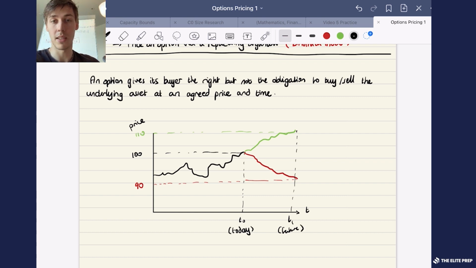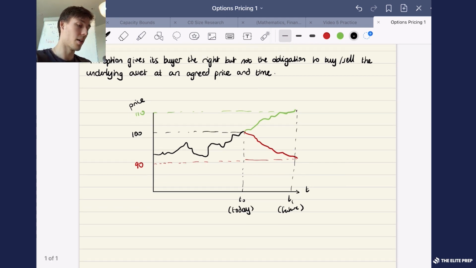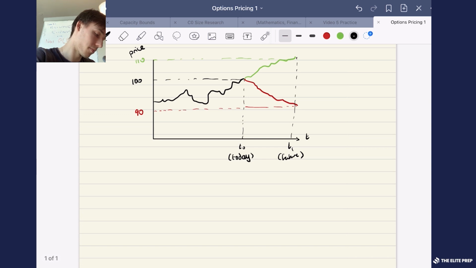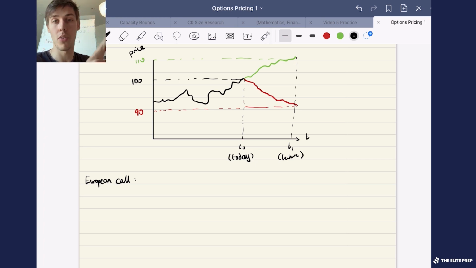Or we can do something different. And this option gives us the chance to do something different if we buy it. So a European call option will do the following. The European call option gives the buyer of the option the right, but not the obligation, to buy the underlying for an agreed price and at an agreed time.